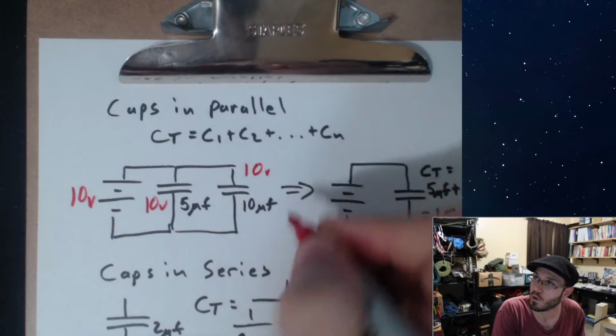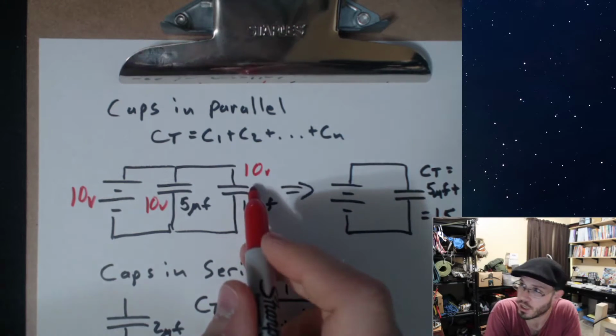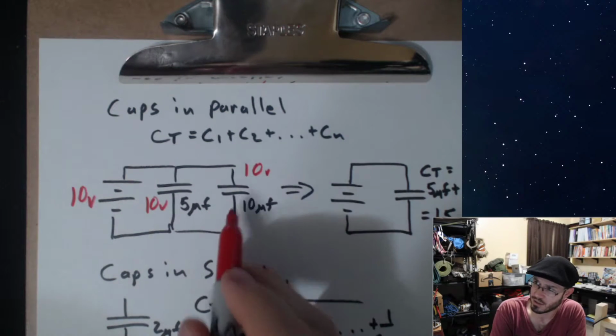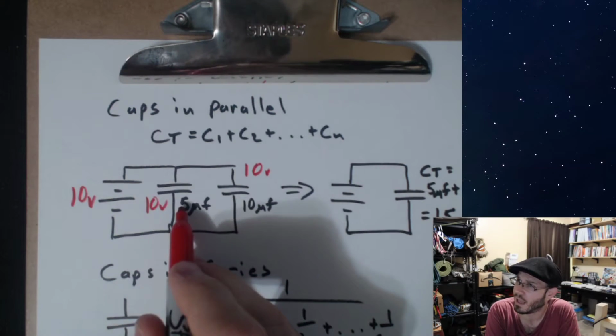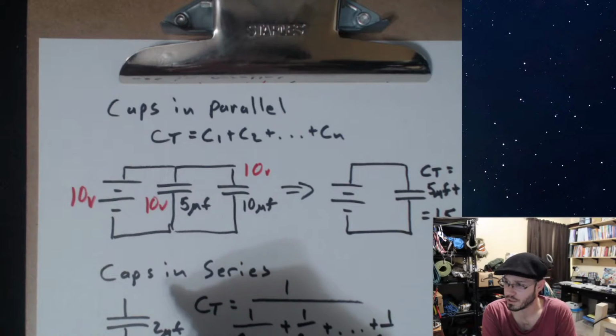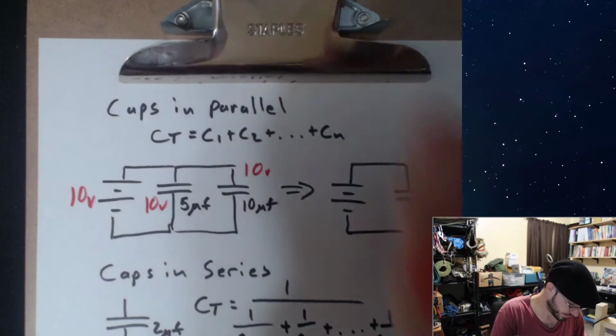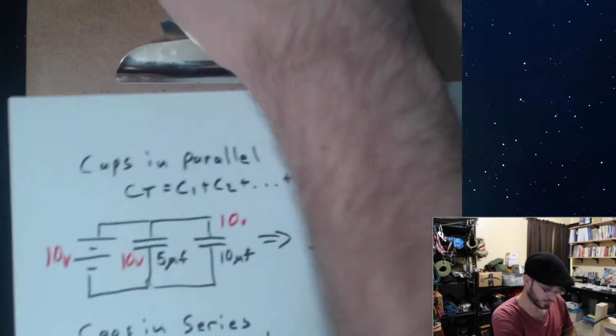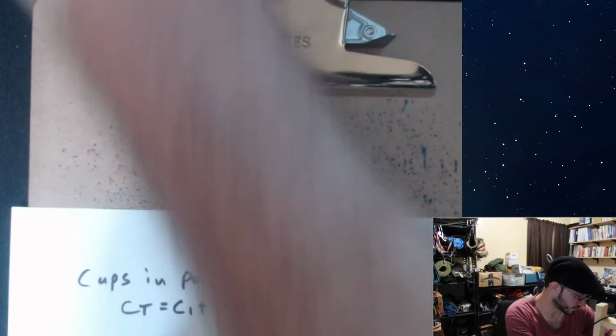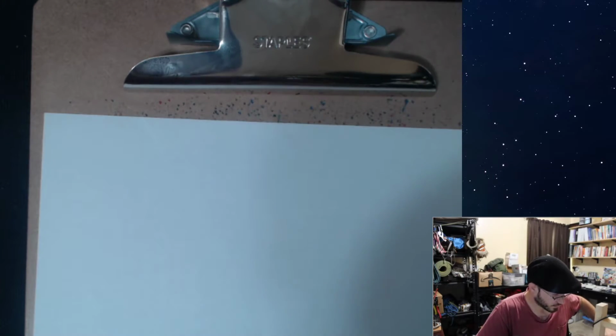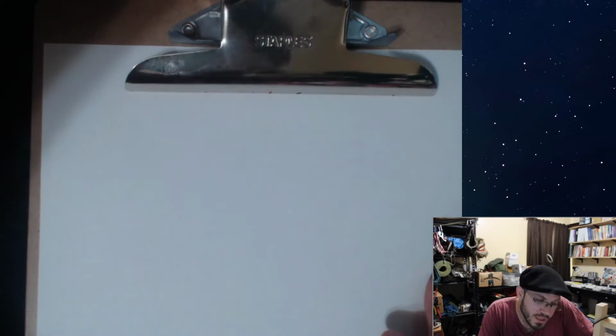I'm going to have 10 volts across this cap once it's fully charged, because both of these capacitors are in parallel, and they're all in parallel with a voltage source. However, the voltage distribution will change if I have caps in series.